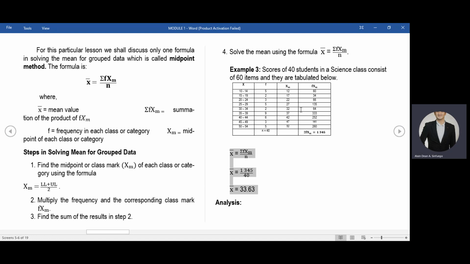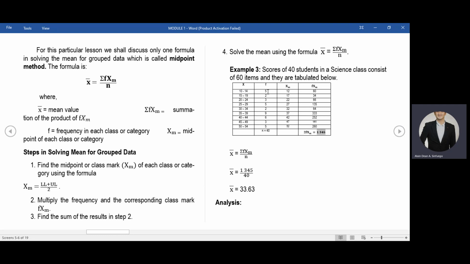Of course, the highest will be 54, the lowest will be 10. So we have the summation of f times the class mark, or the frequency times the class mark. Summation of that is 1,345 all over the sample size n, which is equal to 40.